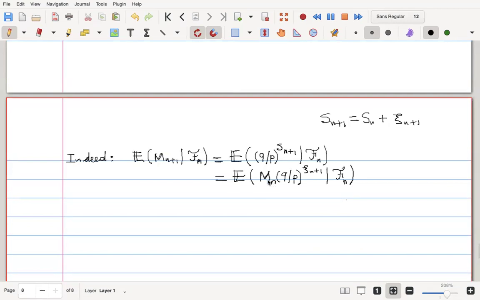That is the take-out-what-is-known property. I'm going to take this M_n out of the expectation. It becomes like a constant. So then we get M_n times the conditional expectation of (q/p) to the psi_{n+1}, given F_n.